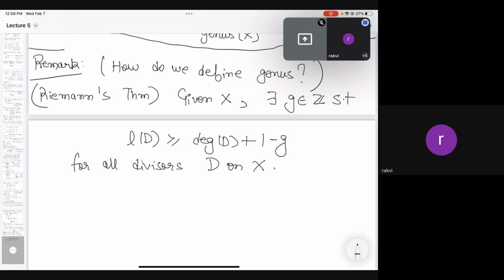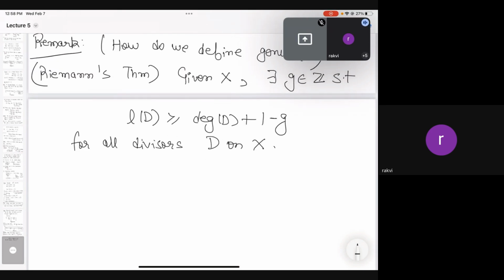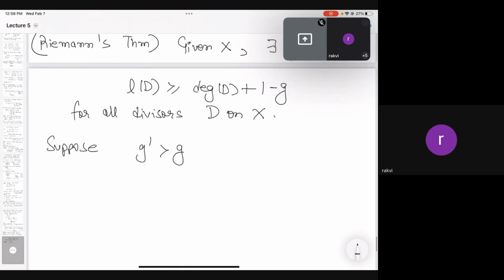So if it holds for some g, let me just say g. Suppose I take a number, say g prime, that is bigger than g, for which this inequality holds. Then what do I have?